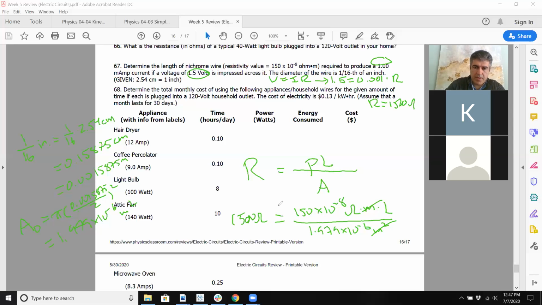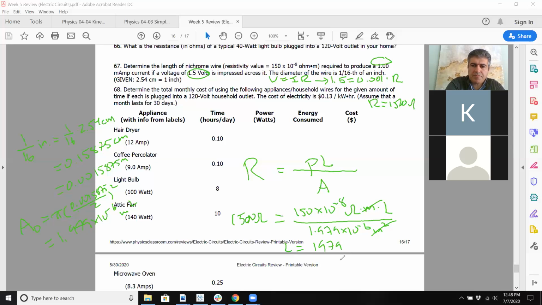If you do it all correctly, times 1.979, the length is going to be about, it seems a bit long.